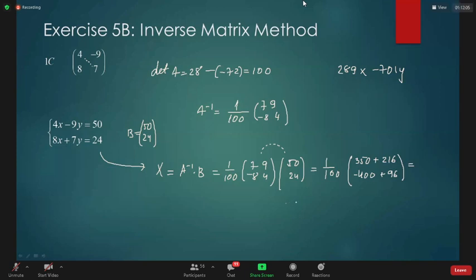And so I see it's 1 over 100 times 566, right? 566. And here we have minus 304. And so now multiplying by 100, I have 5.66 and minus 3.04. And these are the solutions. This is the solution matrix. So I can say that x is 5.66 and y is minus 3.04, and that's it.